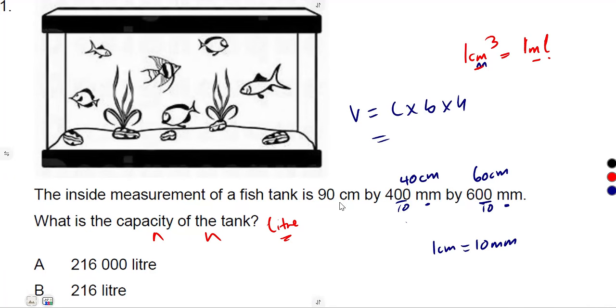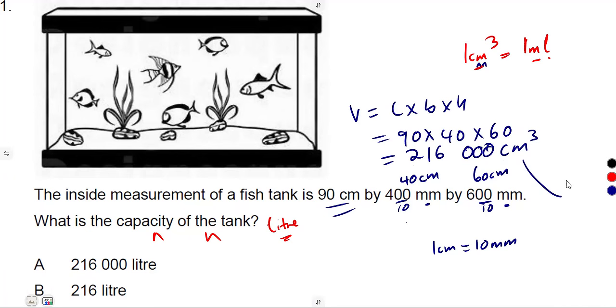Times height. So you're just going to multiply. As it is, guys, those dimensions, the way they're given, 90 centimeters, 40 centimeters, 60 centimeters, that was going to give us a volume of 216,000 cubic centimeters.